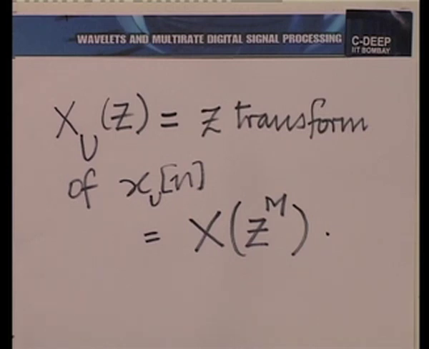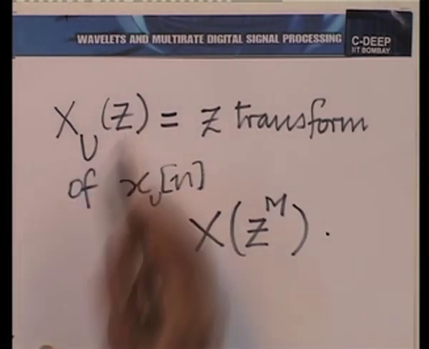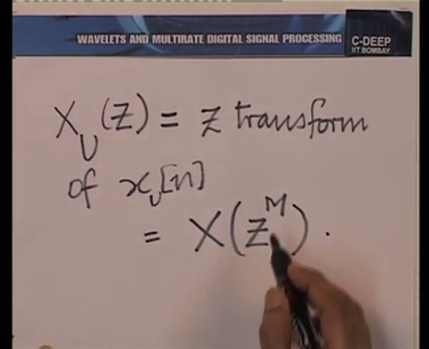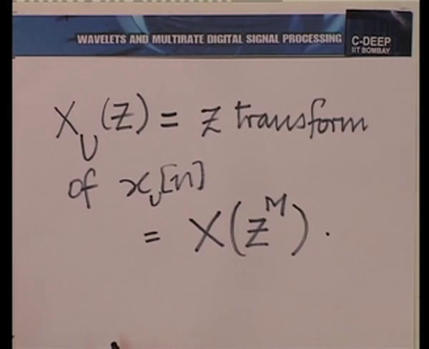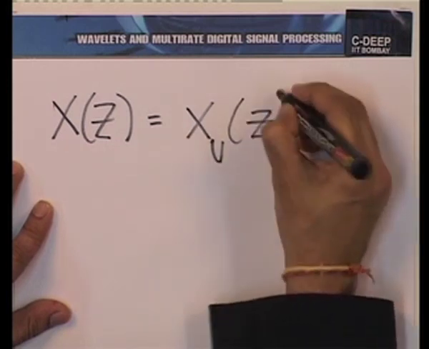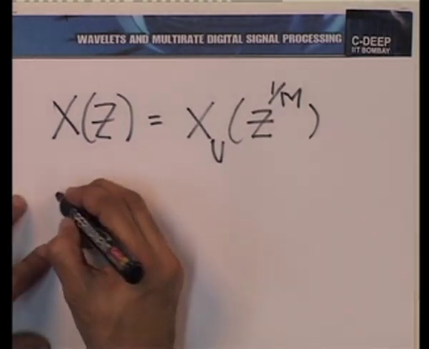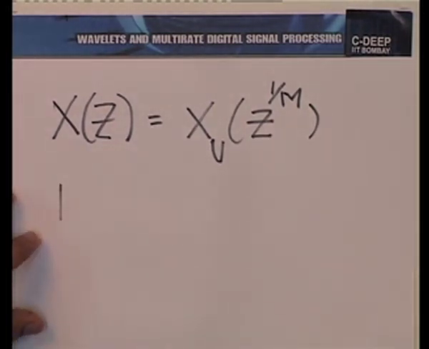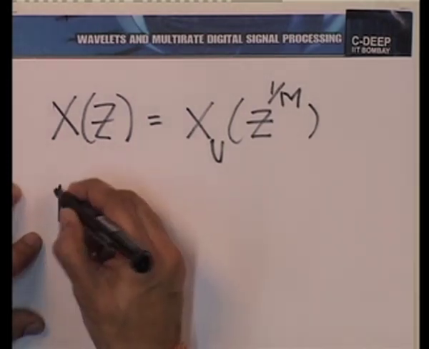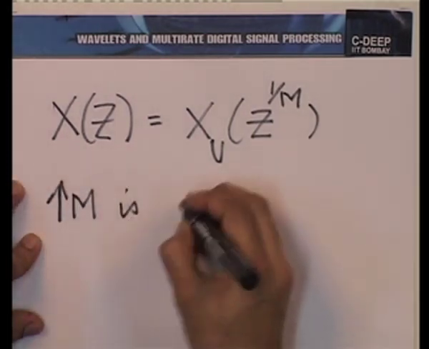Now, in fact, this also brings before us very clearly the invertibility. So, just as you can say X_u(z) is X(z) raised to the power capital M, you can also say capital X(z) is X_u(z) raised to the power 1 by M. So, what we are saying in effect is that this operation of upsampling by M is invertible.